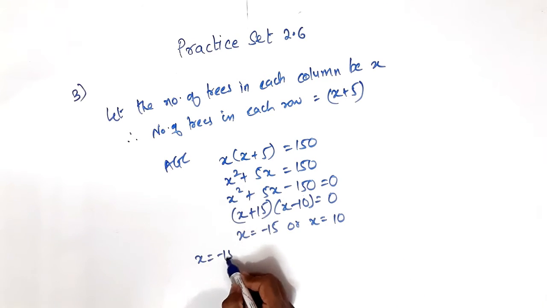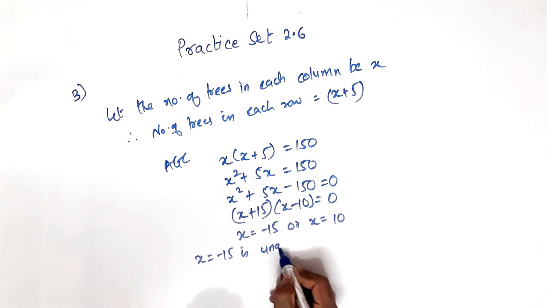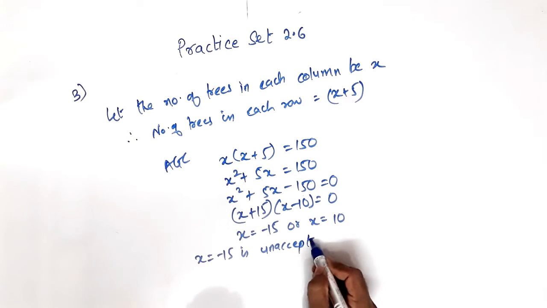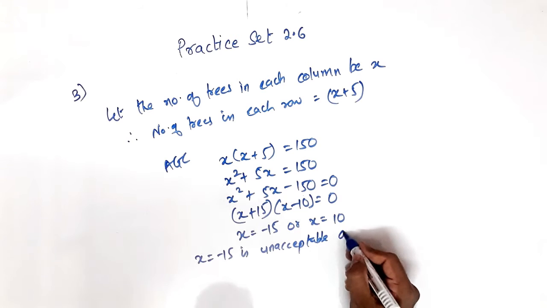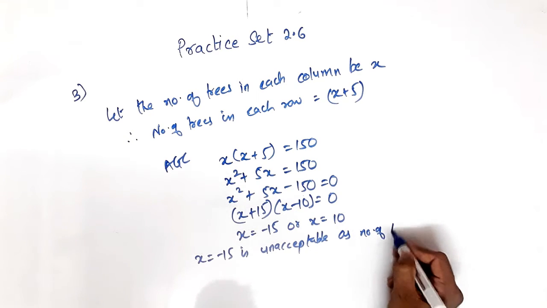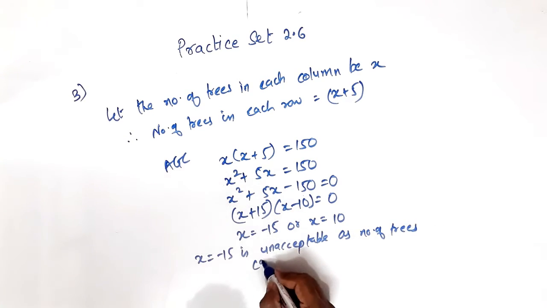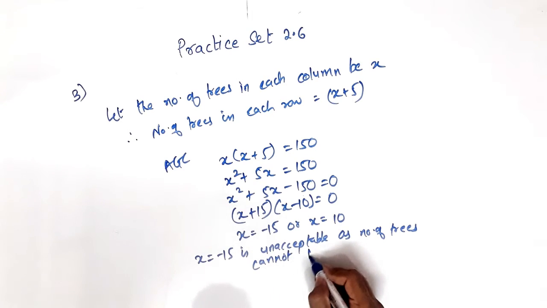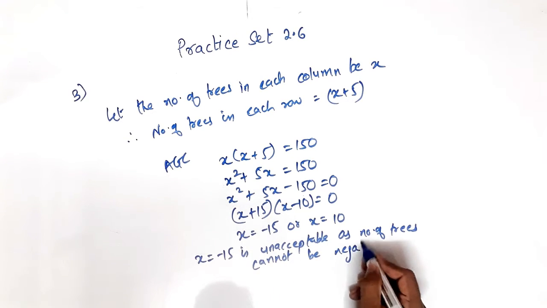x equal to minus 15 is unacceptable. Why? As the number of trees cannot be negative.